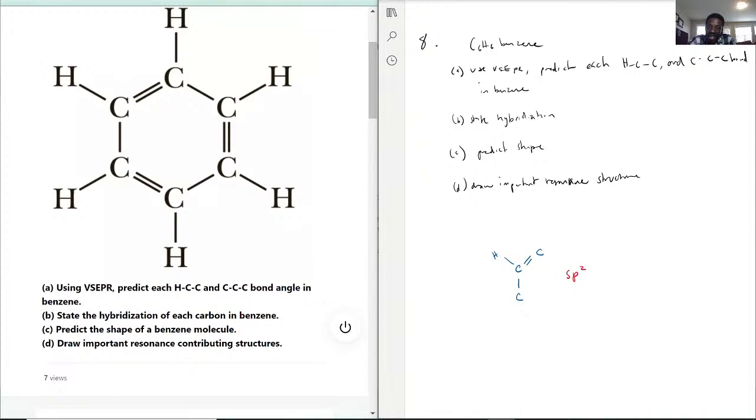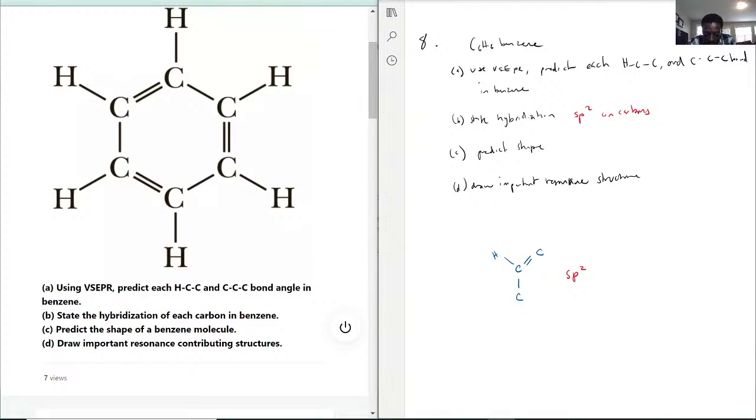The way it breaks down is that S counts as 1 and the P would be the amount of the others left over. If you had a bond like this, it'd be an sp bond, because it only has the S and then the P part. So with that being said, this is sp2 for every hybridization here on the carbons.